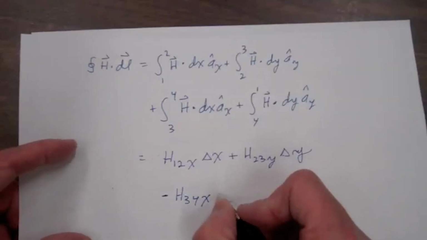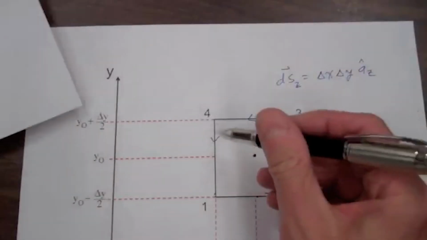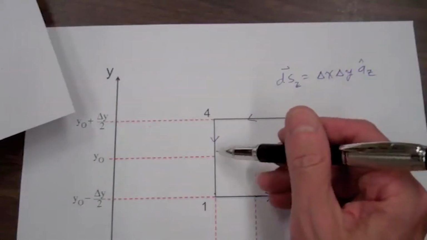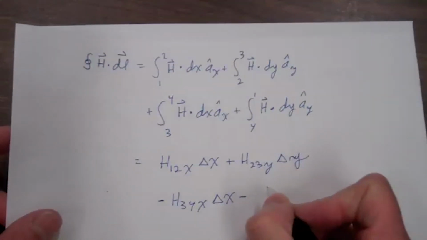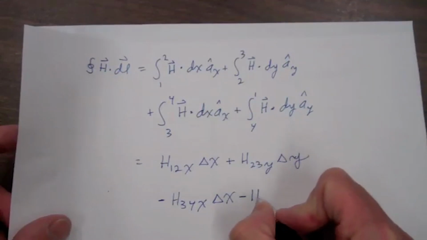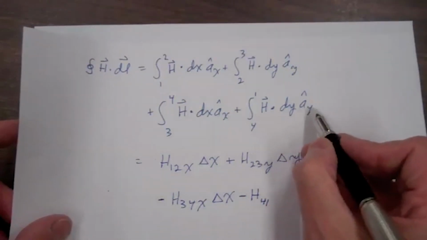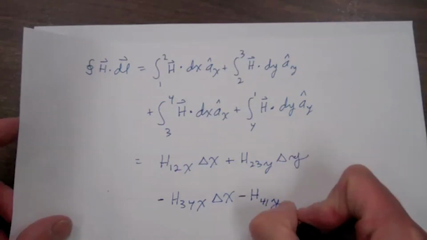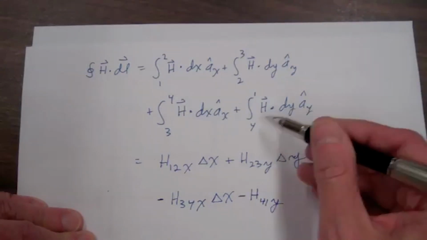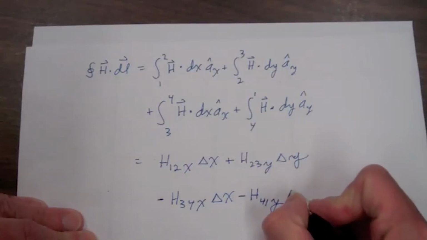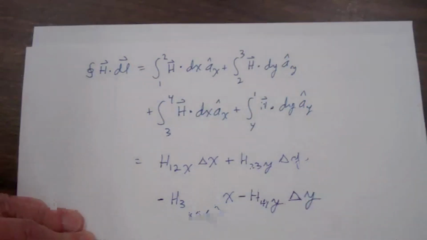We'll just get the length delta x. Then when we integrate from 4 to 1, again we're going in the opposite direction of our defined d sub l. That will give us a minus sign. We'll have the value of H along line segment 4 to 1. Since we're dotting with a sub y, we'll get the y component. And since we're integrating only in the dy direction from 4 to 1, we'll get the length of the line segment from 4 to 1, which is delta y.